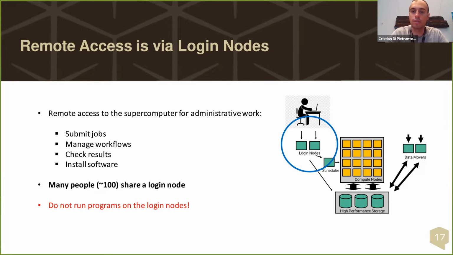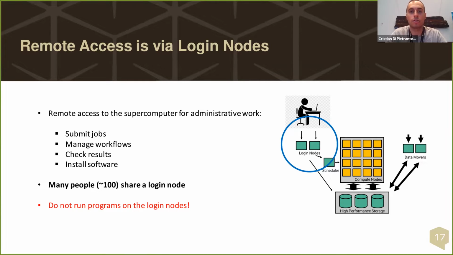But it must not be used to run the programs. I mean, must not be. You can prepare your programs to run, meaning you can write the scripts, and that script can be submitted to a scheduler on the login node, but you cannot execute the program as you would on your workstation.